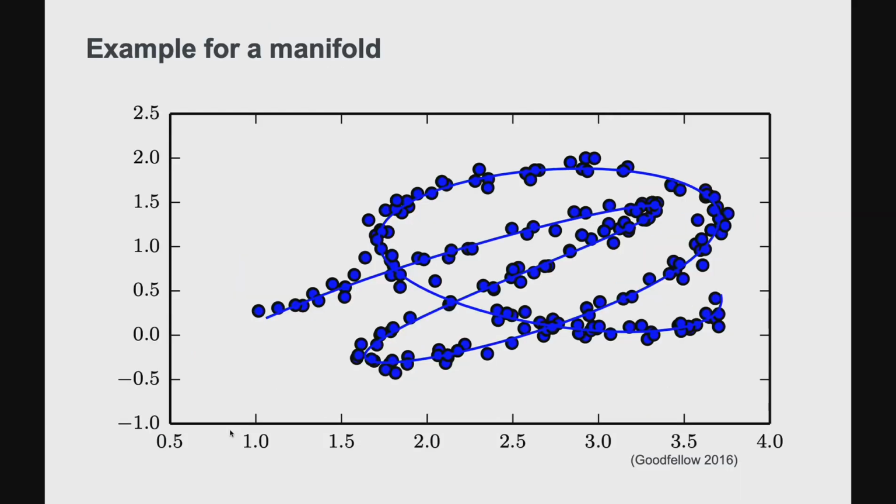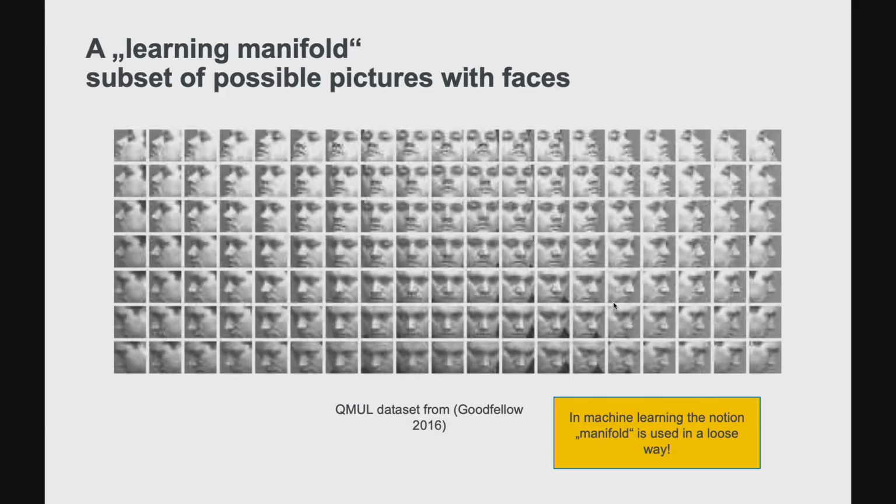Here I have another picture. The data here is approximately on this blue line. And the blue line is a one-dimensional line. So when you know this manifold, you can place a data point just by providing one index. Of course, we don't care about such very low-dimensional manifolds because our data objects are not in such a small manifold. Our data objects are more like these faces.